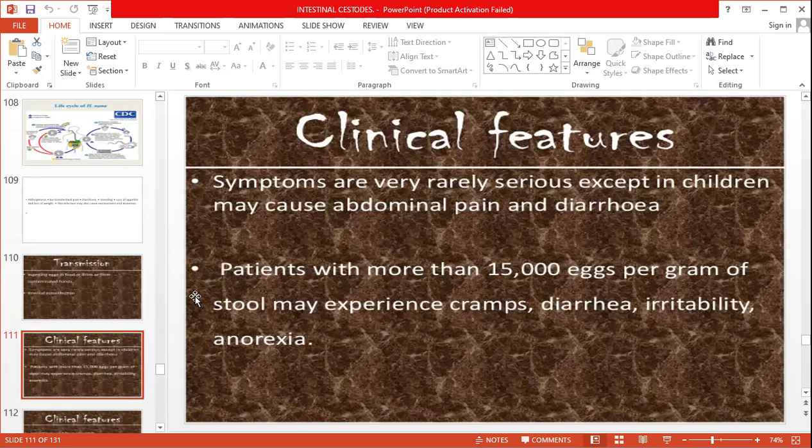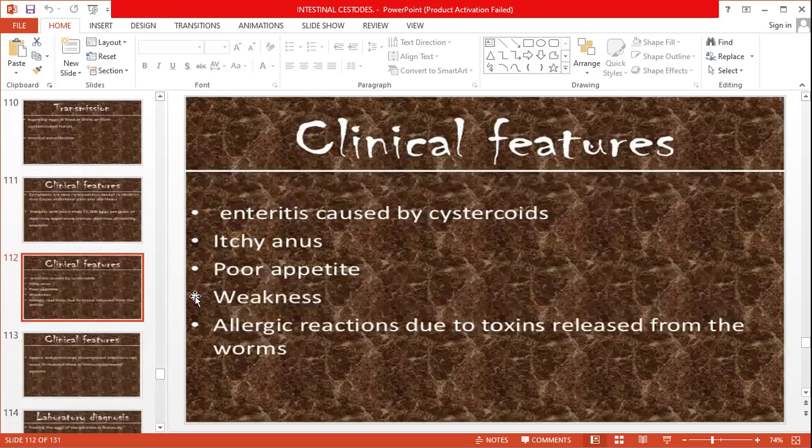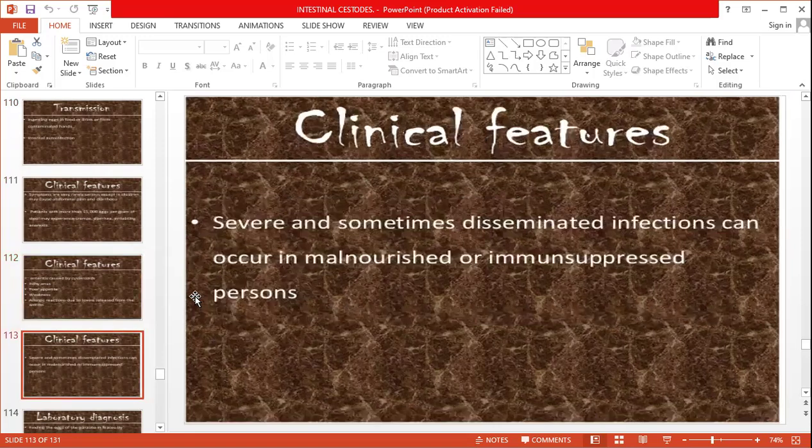Symptoms are very rare and not serious, except in children, where it may cause abdominal pain and diarrhea. Patients with more than 15,000 eggs per gram of stool may experience cramps, diarrhea, irritability, and anorexia. Clinical features: enteritis caused by the cysticercoid, itchy anus, poor appetite, weakness, and severe and sometimes disseminated infections.